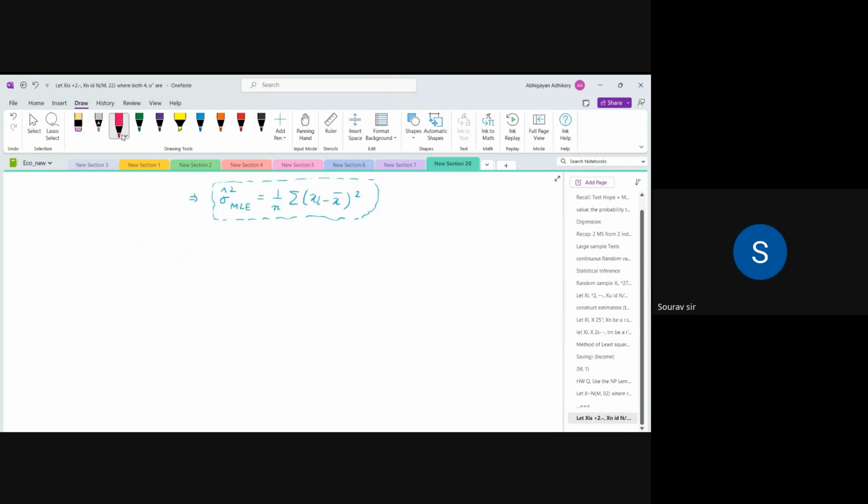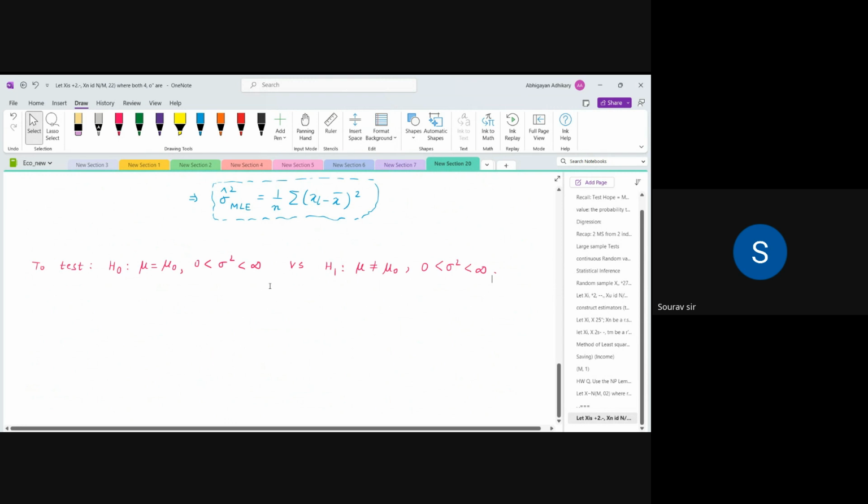Over here, what is the hypothesis that we want to test? H naught: mu equals mu naught, and we have a finite variance, versus H1: mu not equal to mu naught, and we have a finite variance.